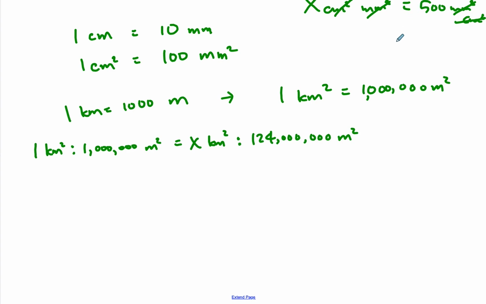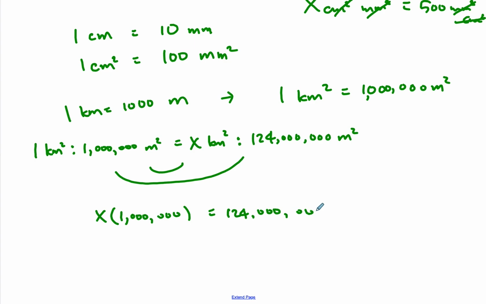Just like the previous one, we can do inner and outer again, and x times 1 million is equal to, I already cancelled all the units out, 1 times 124 million. So 124 million. To solve for x, we can simply divide both sides by 1 million.